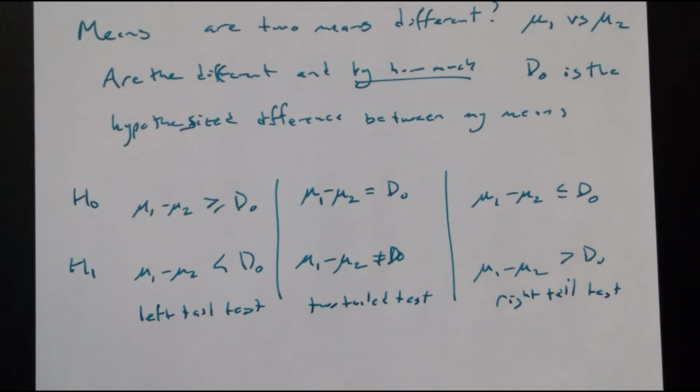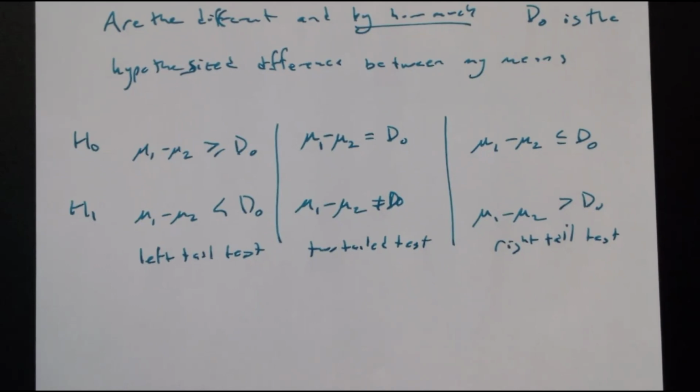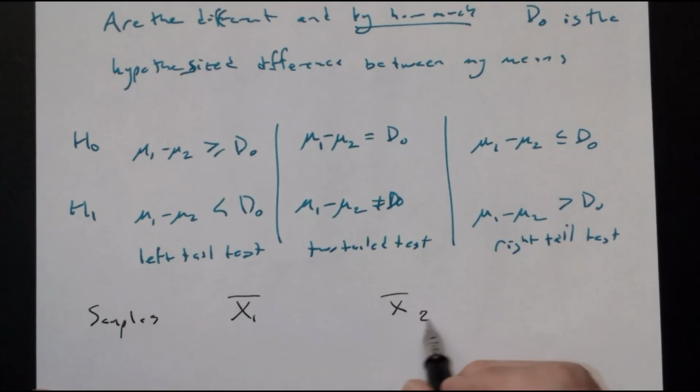So I'm going to need to compute some sort of a test statistic based on the two samples I got. So I go out and I do samples now, and I get an average for each one. Those are the two different parameters I'm comparing, right?